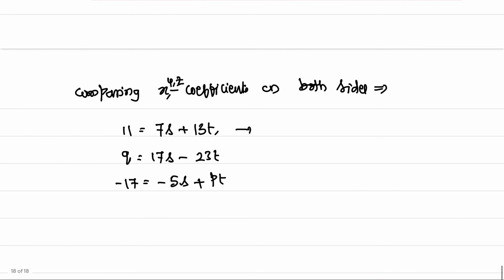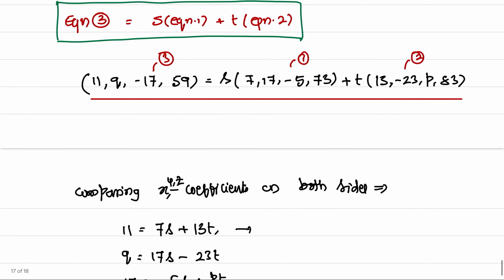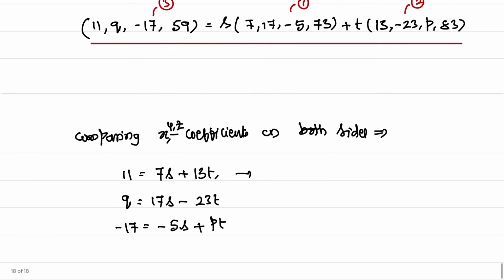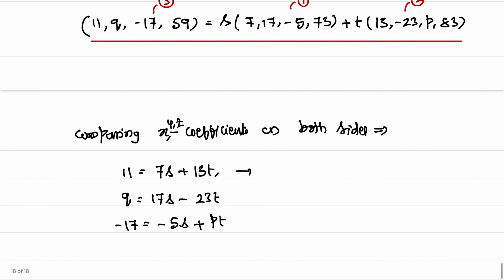Next, when you compare the constants, 59 is equal to 73s plus 83t.